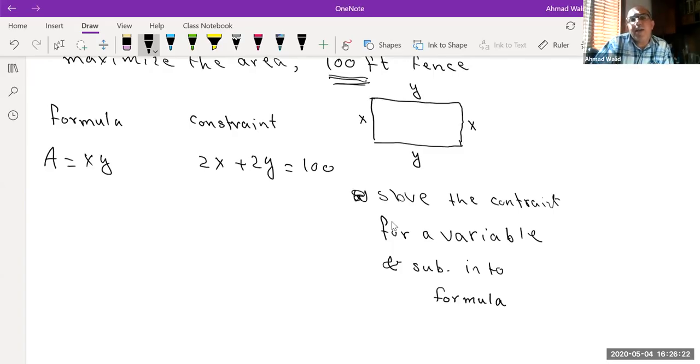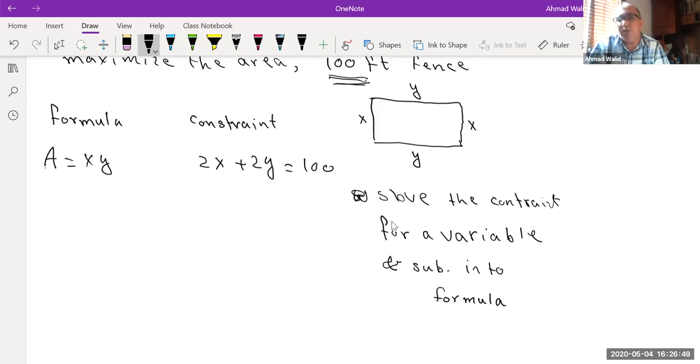Here, I have 2x plus 2y equals 100. Look, my formula is A equals xy. I have two variables, right? And I have to deal with derivatives. Can I take the derivative of a function in two variables? Yes, using implicit derivative, but it's not going to help me. It's much better to have this formula in one variable.